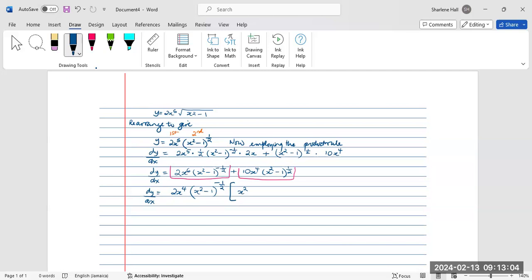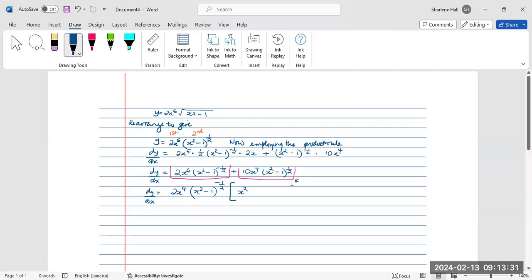Look at it now. It says x squared minus 1 to the negative a half, and up here it says x squared minus 1 to the negative a half. So is there anything else for me to factor out? Yes or no? No, sir, there's nothing.